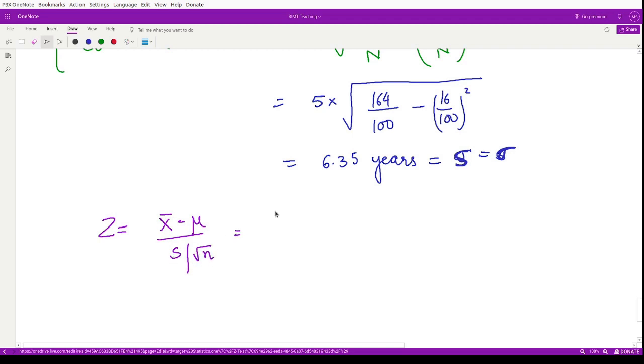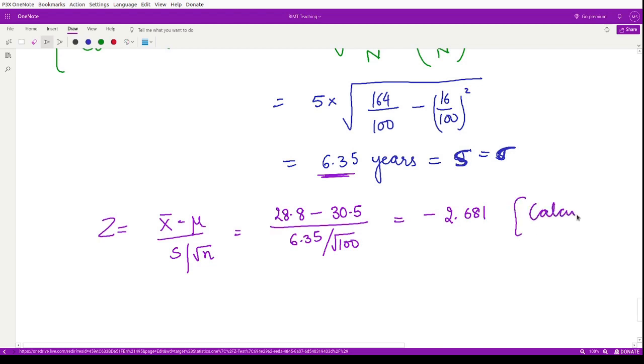So this would be 28.8, which we have just calculated, minus the mean value which we wanted to test, divided by the standard deviation, 6.35 divided by square root of n. When you compute this, it will come out to be minus 2.681. So this is your calculated Z value.